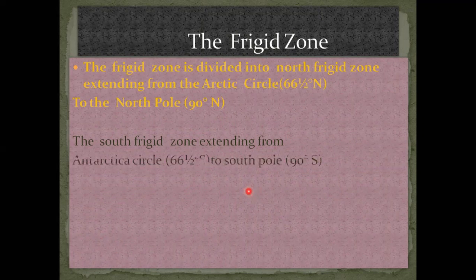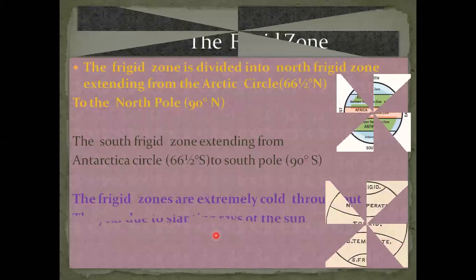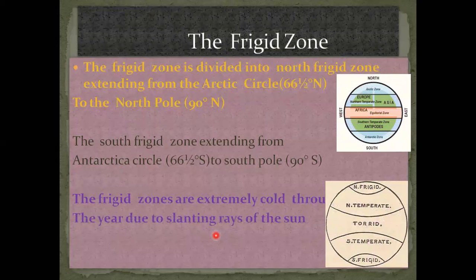It extends from the Antarctic Circle, 66.5 south, to the South Pole, 90 degrees south. The frigid zones are extremely cold throughout the year because of the slanting rays of the sun. The sun's rays are not strong in these two places, so it is very cold.